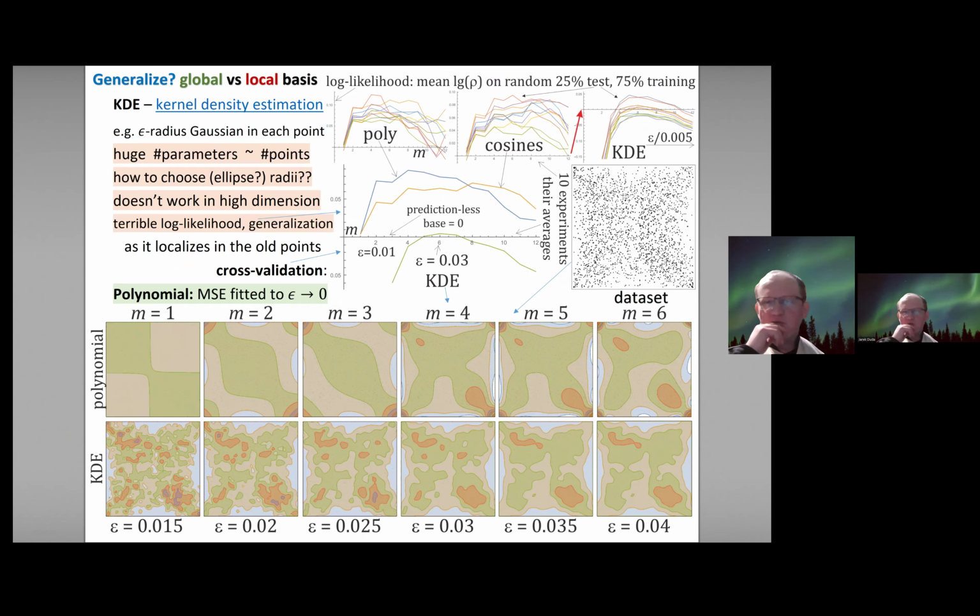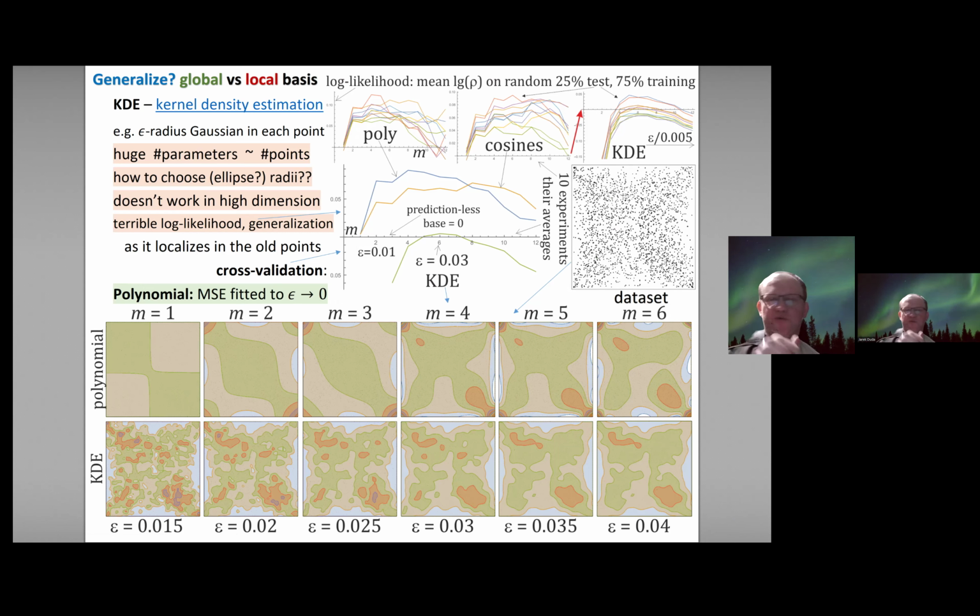So here are two approaches for these points. So here is this kernel density estimation I have previously shown for various widths, and here are polynomials of various degree. Now the question is which is the best, and to evaluate it, first of all we should use cross validation, to separate the training and test set.